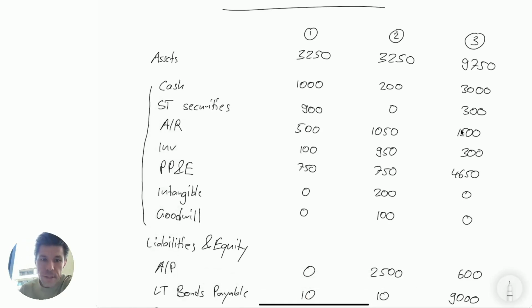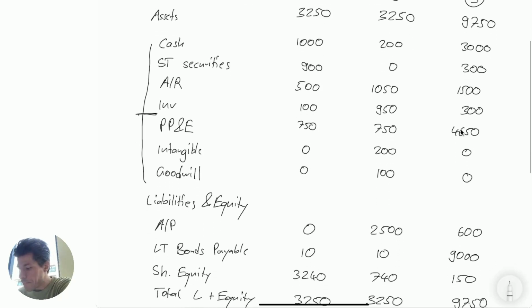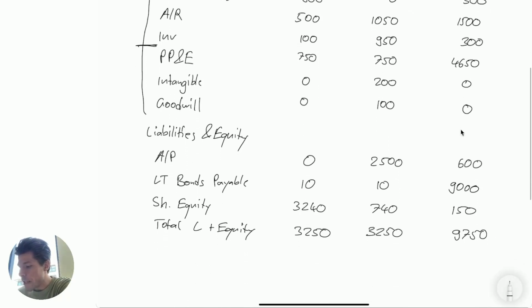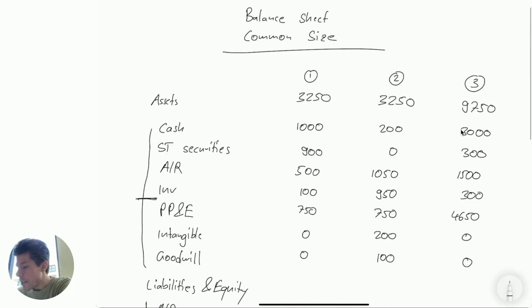I have left the subtotals out, up to here current assets, and then here fixed assets, long-term assets, the liability and equity section here, current liabilities, long-term debt, and then shareholders' equity. And here I have included the total liabilities and equity, and as well here you can see the subtotal of all the assets.